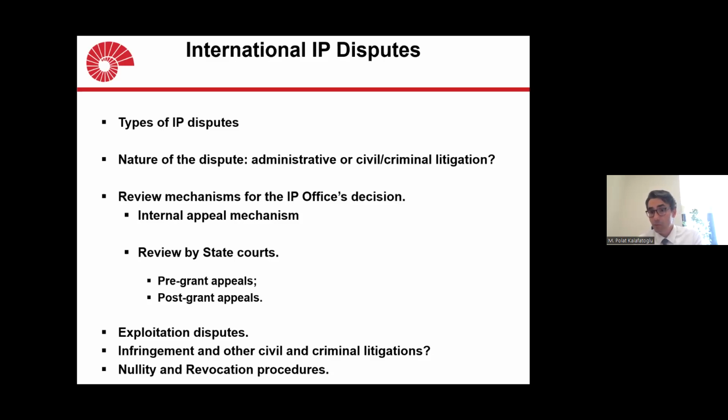We have all kinds of infringement disputes, either before civil courts or before criminal courts. So for example, if a third party infringes your trademark right, it is possible to initiate an infringement legal action, either, as I said, a civil infringement or a criminal infringement action, depending on the applicable law.